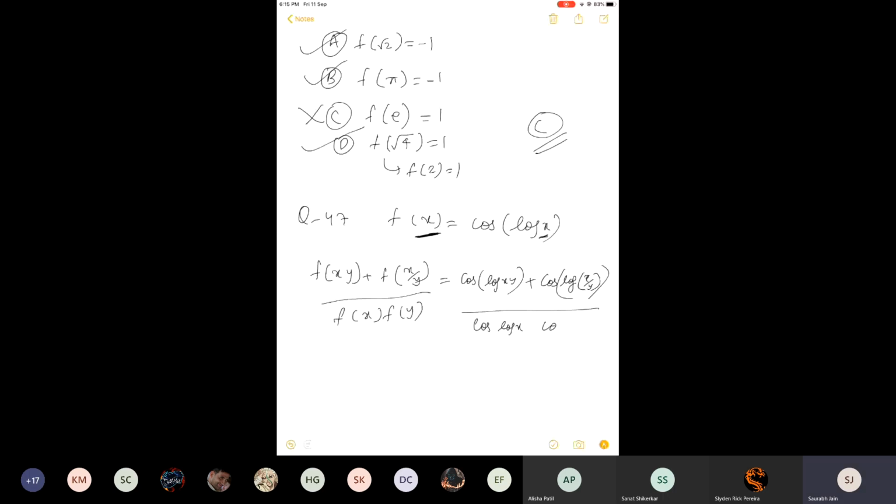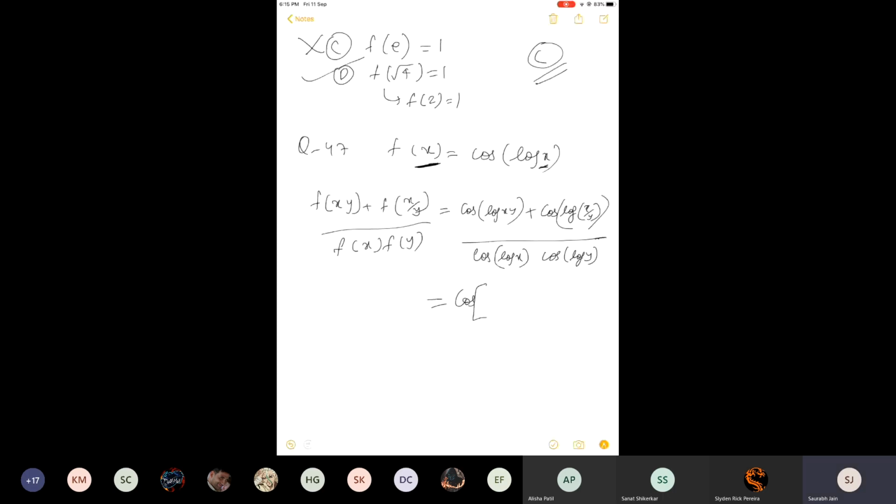Using the properties of log, log of m into n is log m plus log n. In the next term, it will be log x minus log y, because log of m by n is log m minus log n.